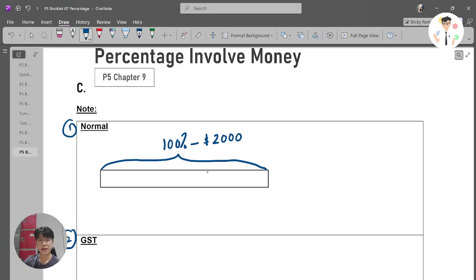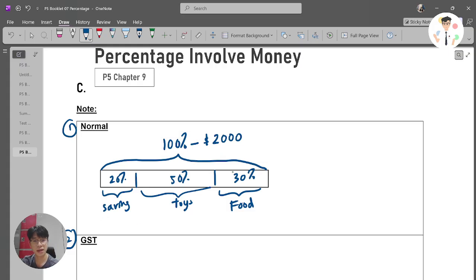Now I say, I want to spend 30% on food, 50% I want to actually buy toys, 20% I want to spend on maybe just for saving. I will keep it. I will not spend. Now, if I say 100% is 2,000, what is 30%? How much did I spend on food?